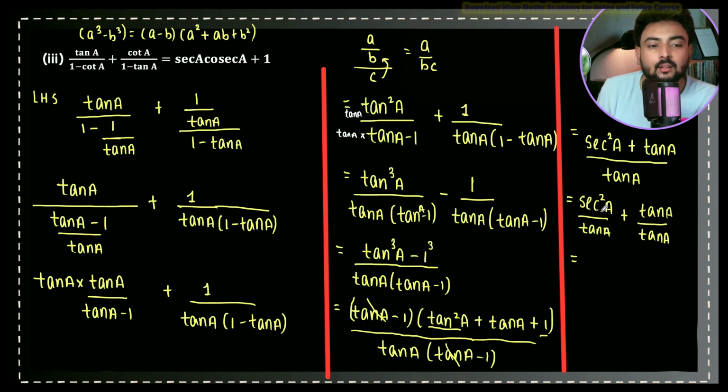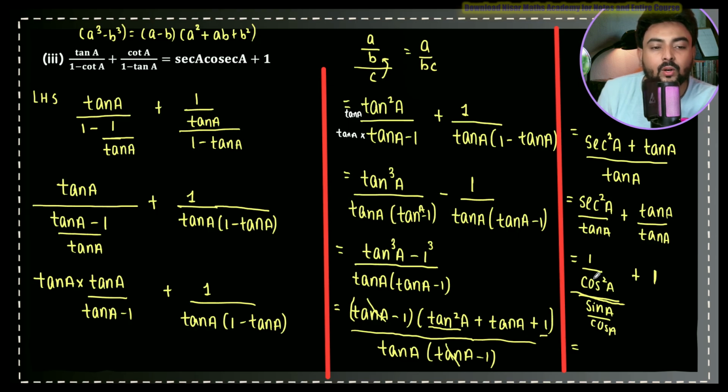So here sec square a we have. Can I write that sec square a as, sec is 1 by cos, so 1 by cos square a upon tan, I'll write it as sin a by cos a, and here we have tan a by tan a, it is 1. Now see, children, what will happen? It will become reciprocal.